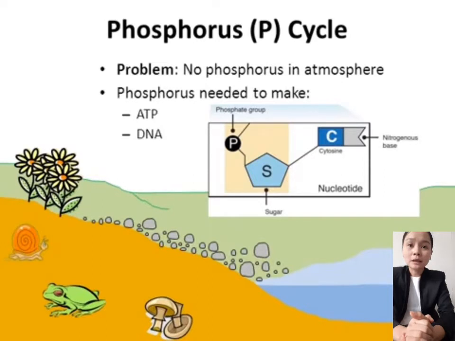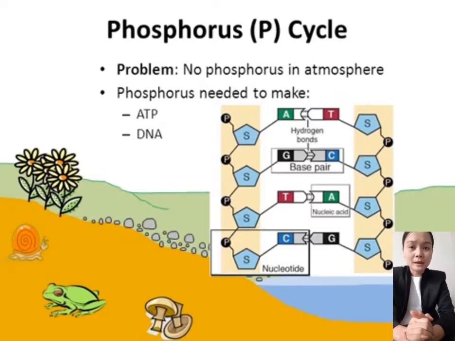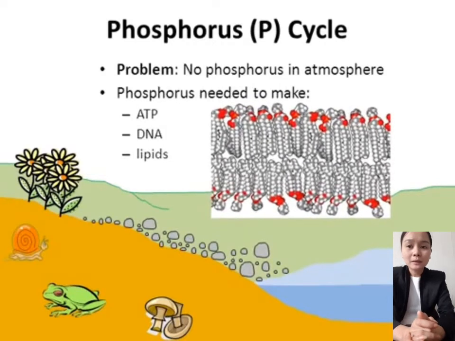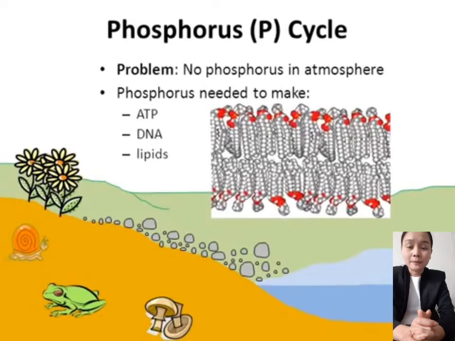You can see the nucleotide is a sugar molecule, a nitrogen base, and then a P, which stands for a phosphate molecule. The reason for the phosphate is the phosphorus, and one nucleotide combined with another and another, like seen in the picture, makes up DNA and nucleic acid. So DNA, the genetic heredity, the genetic molecule of life, requires phosphorus.